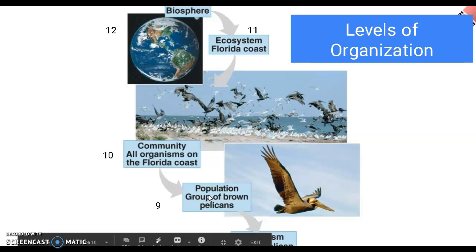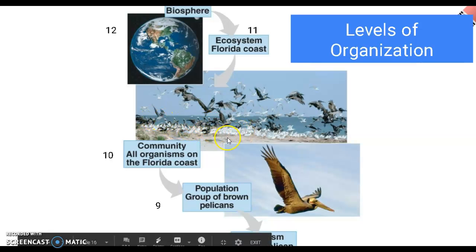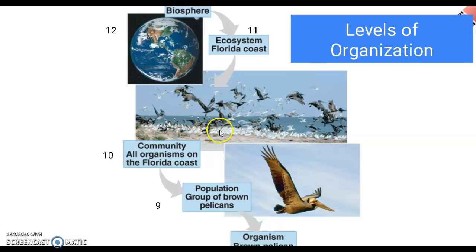If we take all of the living things, like the pelicans, the seagulls, all the fish in the ocean, all the seaweed, all the grass, that is the community. So all the living organisms in an area is a community. And we can build even further. If we take all the living things and all the non-living things, we get an ecosystem. And then every place on Earth that can support life is known as the biosphere.